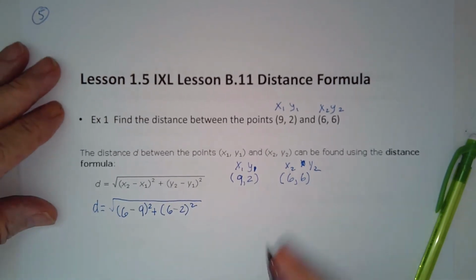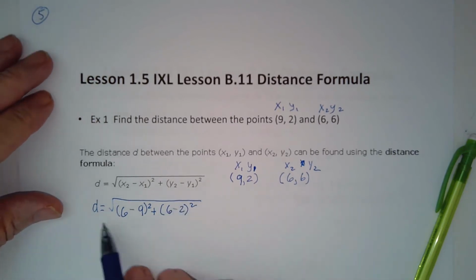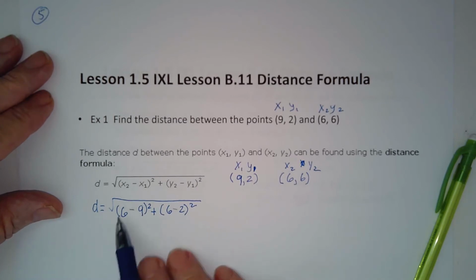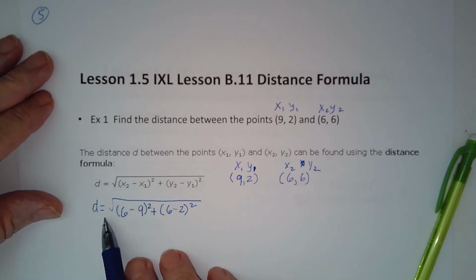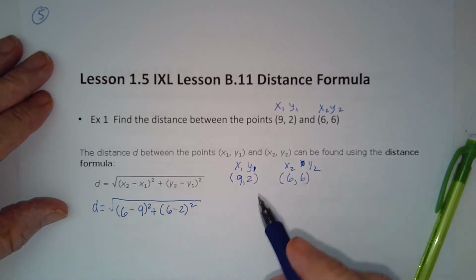Now to solve this, if you'll notice, we already know that d is by itself, so essentially this formula is solved for distance. But if you think of it as the variable being by itself, you don't have to think about it as being solved for, but that's what it is.